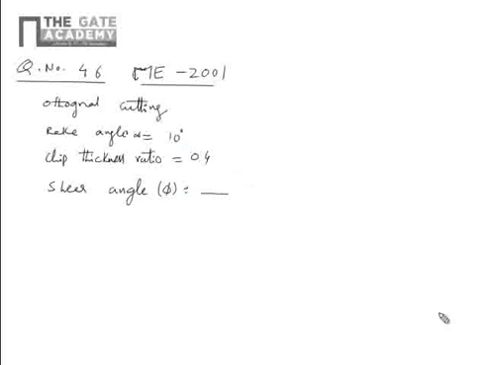So the rake angle is alpha and the chip thickness ratio is r.